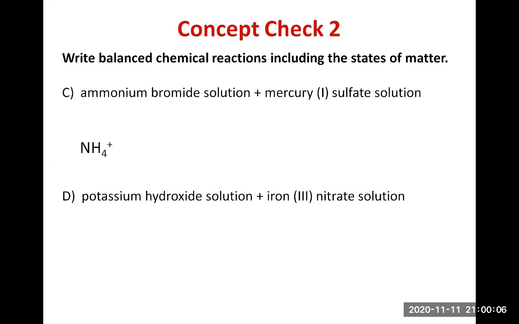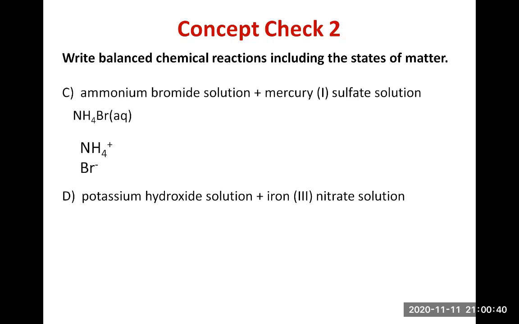Bromide is from bromine, that's Br, and that's in group 7A, so 7 minus 8 is -1. So together, NH4+ and Br- will make the compound NH4Br, because one of each ion makes the formula neutral. This is the solution, so it's aqueous.